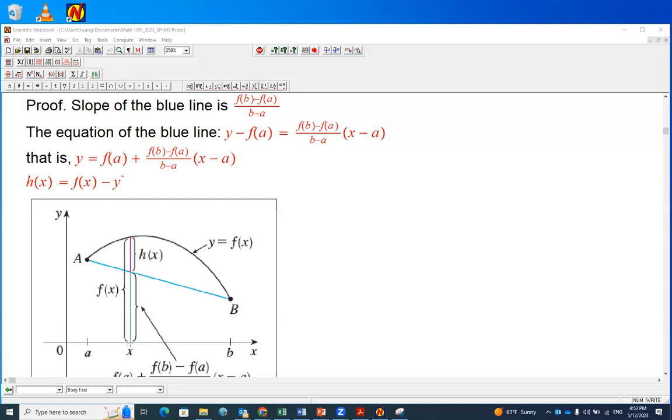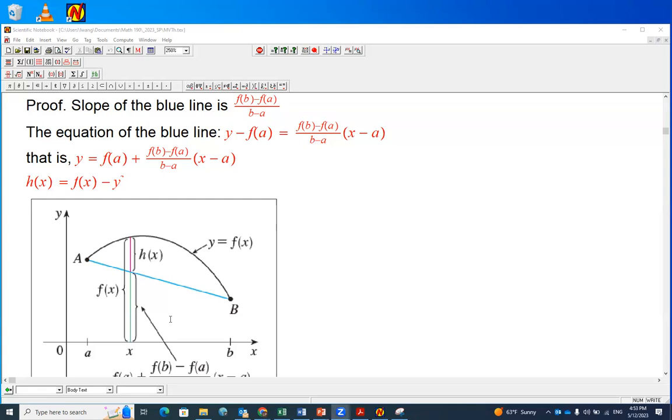At this point x, f of x is this high. This is f of x. And the blue line is this much. So when we subtract f of x minus the blue line, we're left with h of x. So h of x is the difference between f of x and the blue line. I hope that makes sense. This picture is done so well, so I'm using it, and credit to the textbook.